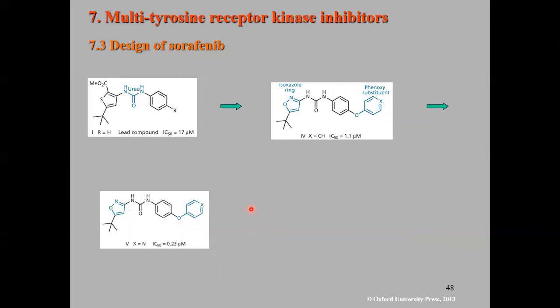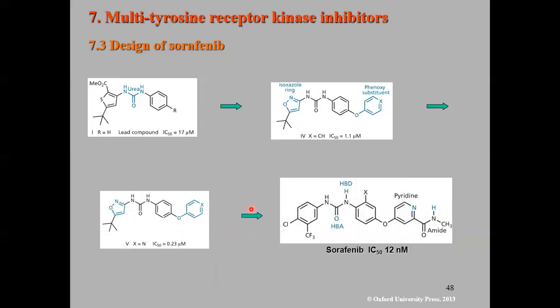From structure number 5, by adding this group, they got sorafenib.